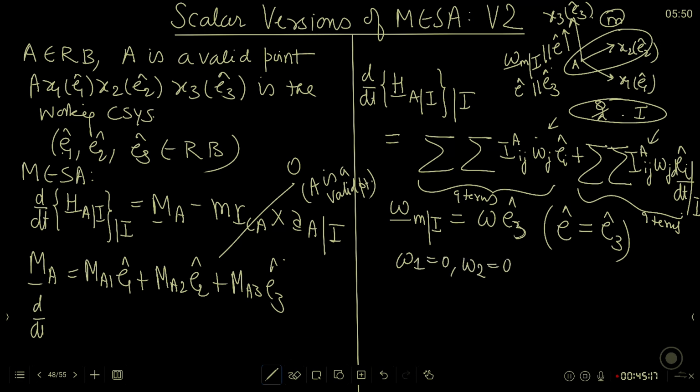So wherever j becomes 1, nothing will survive. Wherever j becomes 2, nothing will survive. Only when j becomes 3, you will have non-zero terms. And also note that this is about omega 1, omega 2 and omega 3.